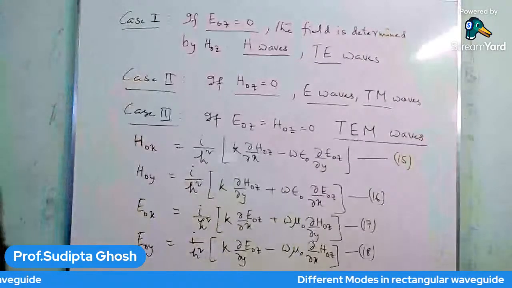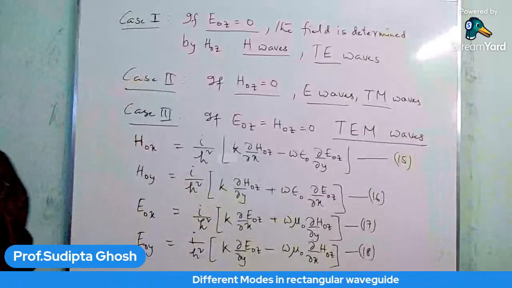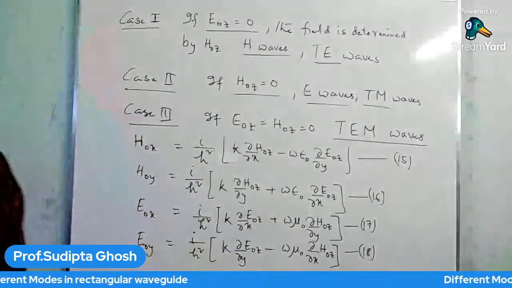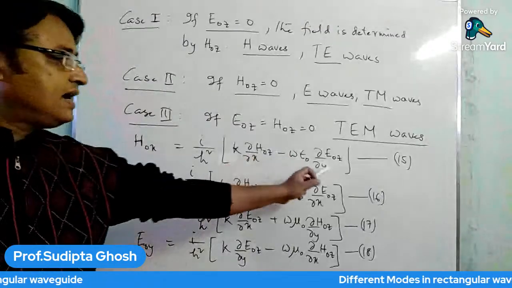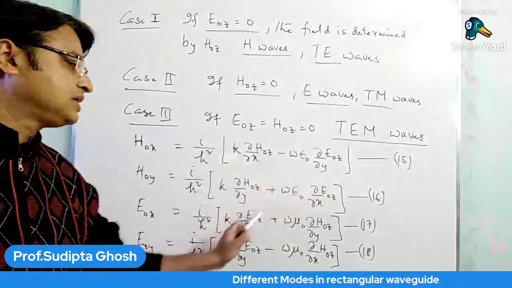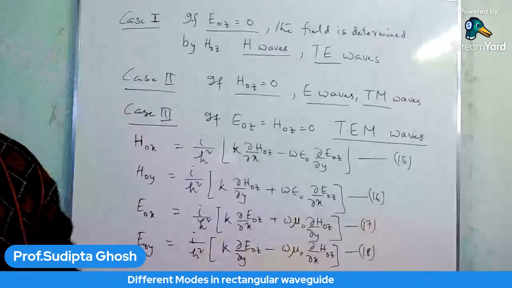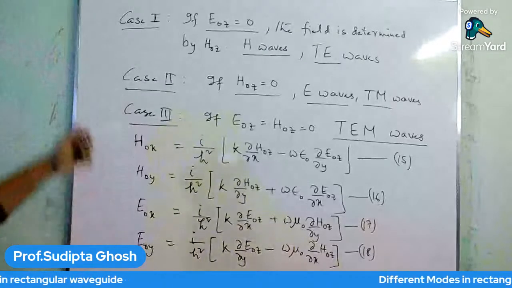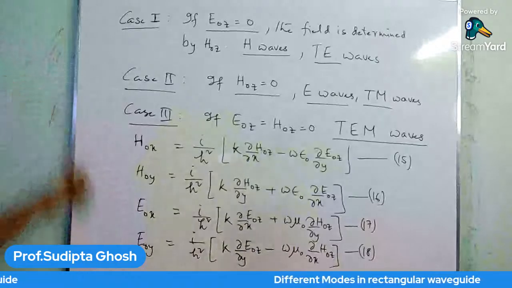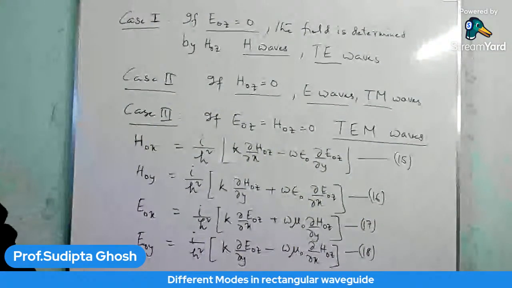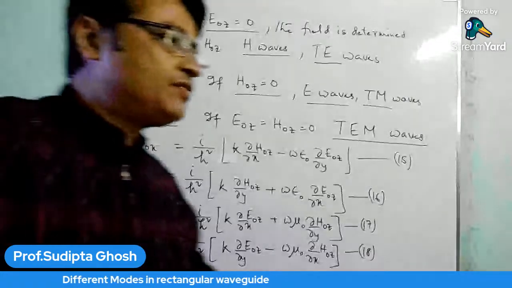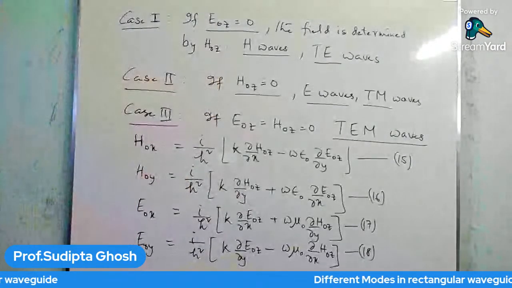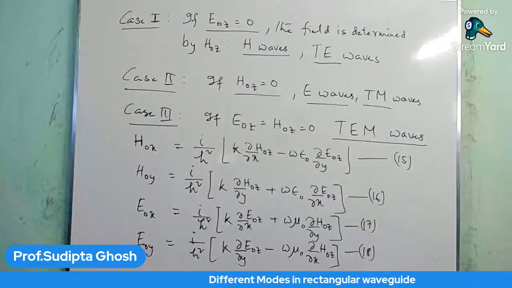But again, from equation number 15 to equation number 18, if we ponder, we can find that if HOZ and EOZ vanish or are equal to 0, then all these transverse components, EOX, EOY, HOX, HOY, are equal to 0.